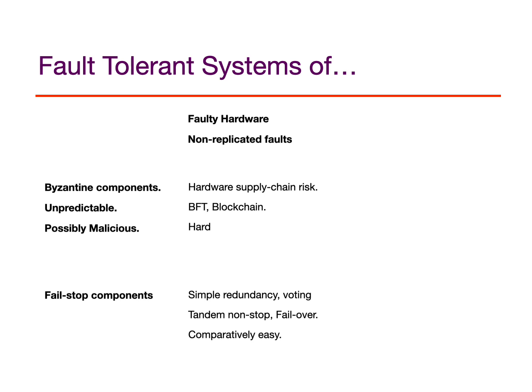And usually this is discussed in the context of hardware faults, where the hardware faults are assumed to be non-replicated, so that you can have multiple replicas running the system where the fault occurs in a minority of the replicas.